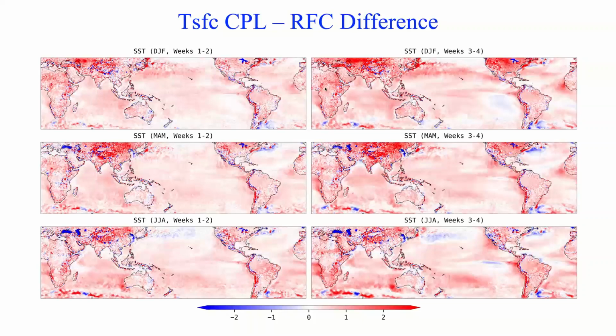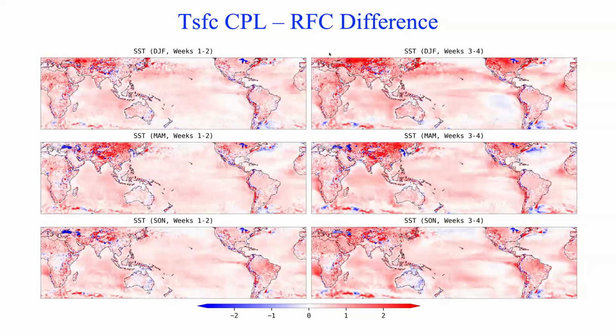You can see quite strongly there is a systematic warm difference. The CPL coupled run has a warmer SST than the IFC almost everywhere. Only in the eastern Pacific is there some cooling. Next, please. The fall is the same. Next, please.